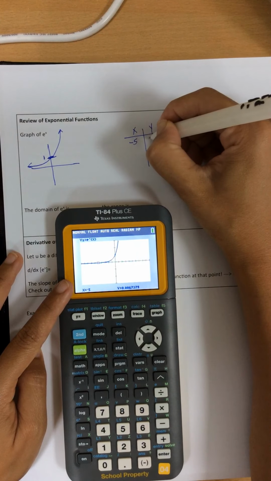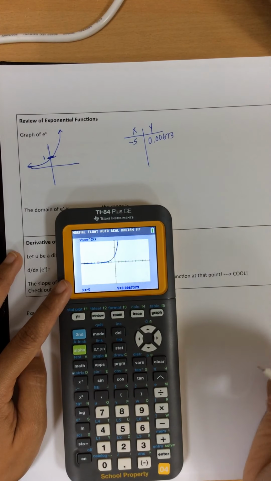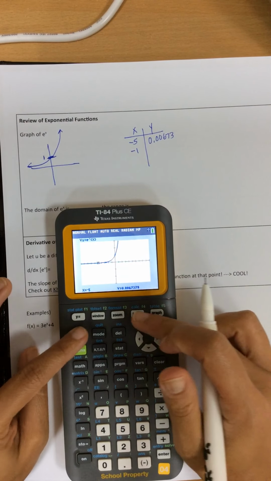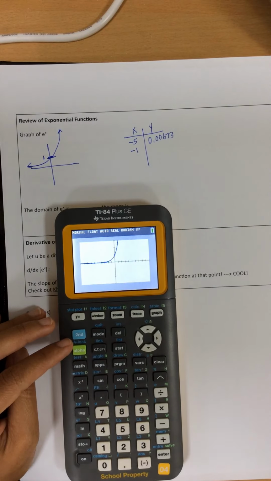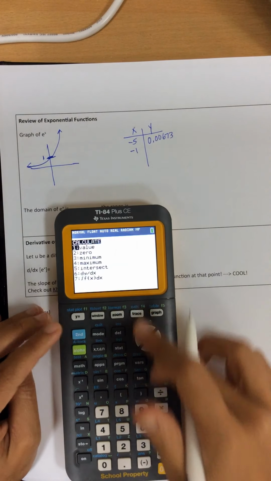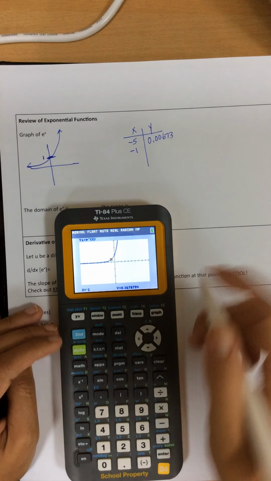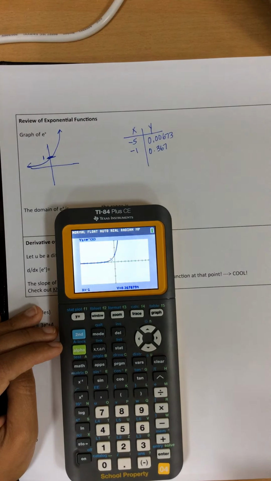The value of the function is 0.00673. Okay, what if I looked at negative 1? It's 0.0367, right? Okay.